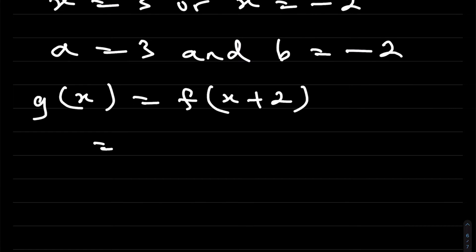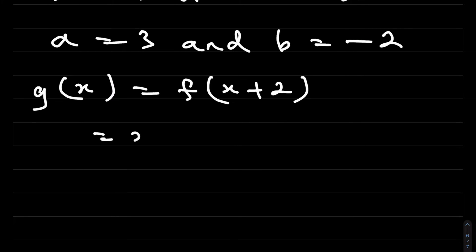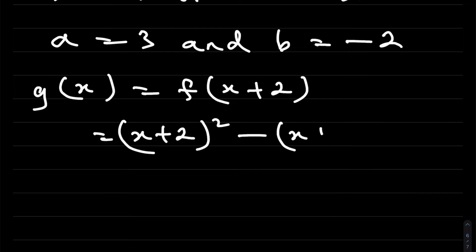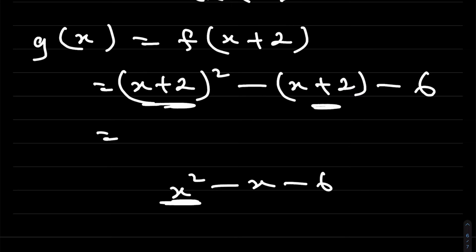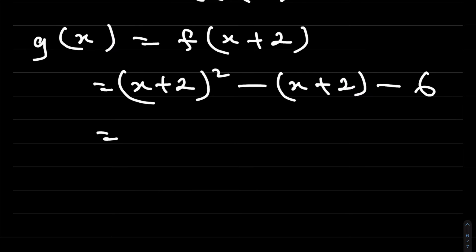That simply means wherever I see x in f of x, I write x plus 2. So that means x plus 2 squared minus x plus 2 minus 6, since f of x is x squared minus x minus 6. That's what we do to find g of x.